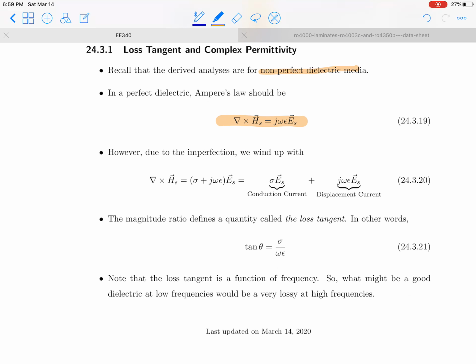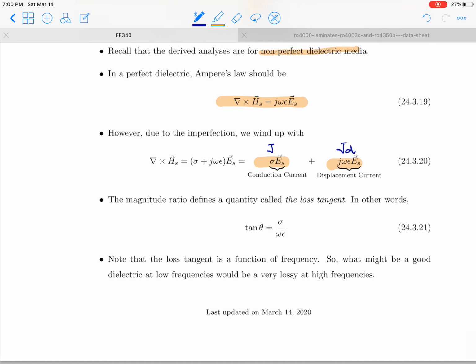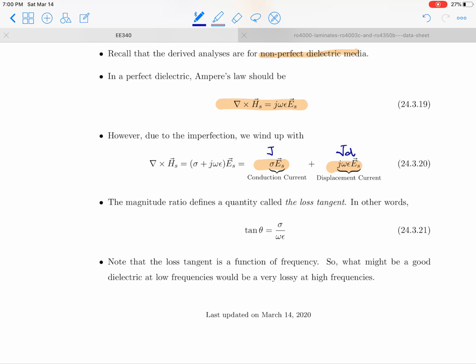However, since the medium is not a perfect dielectric, we have two components. The first one is the conduction current density, J. The second one is the displacement current density, JD. If the medium is perfect, then we should not have a conduction current density.